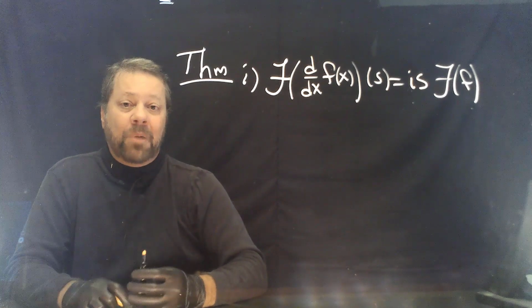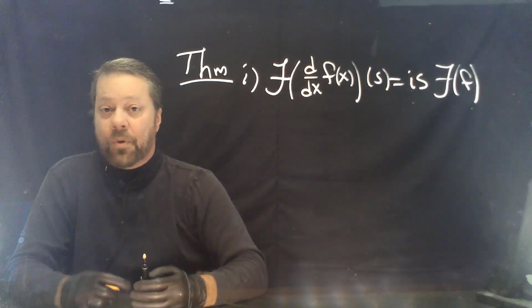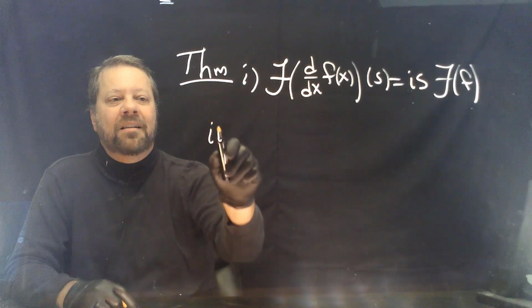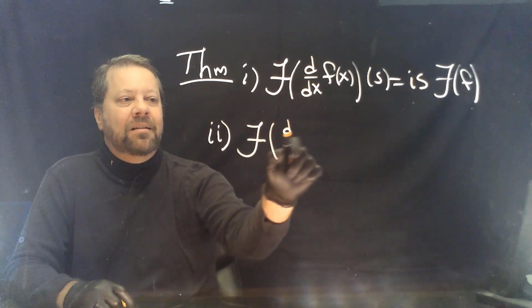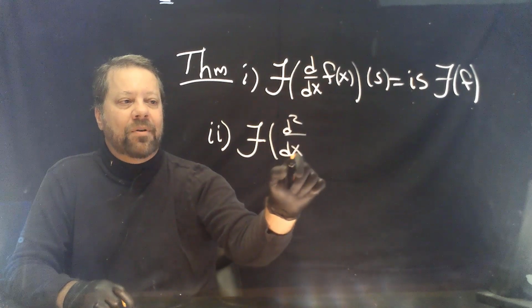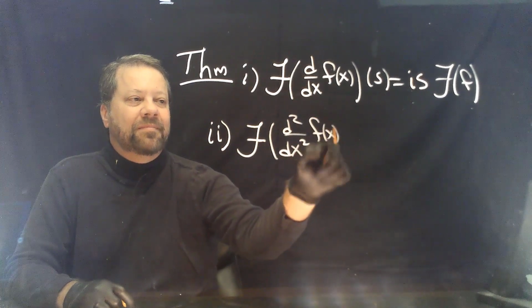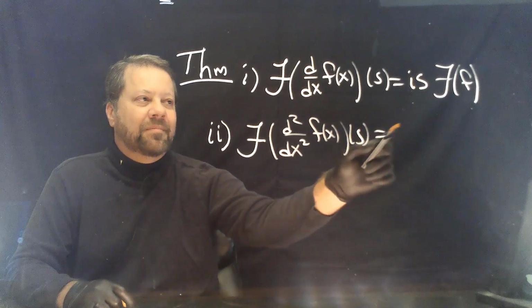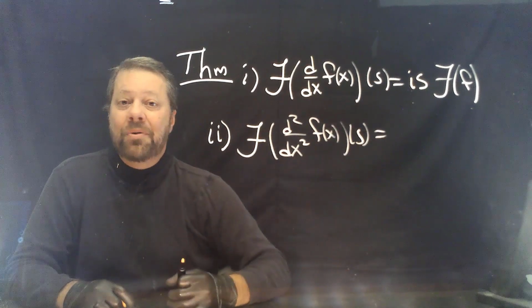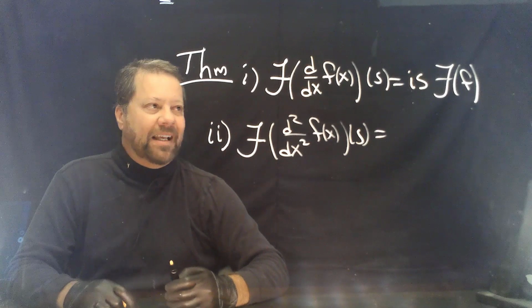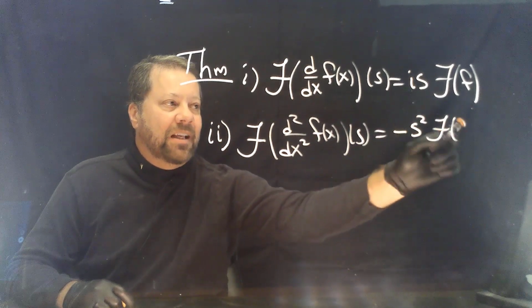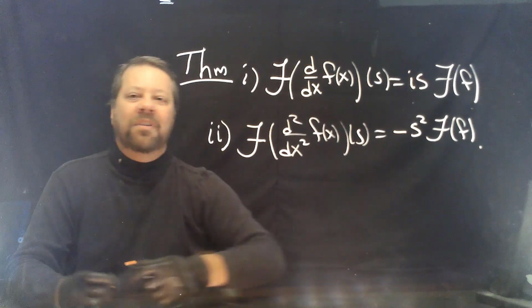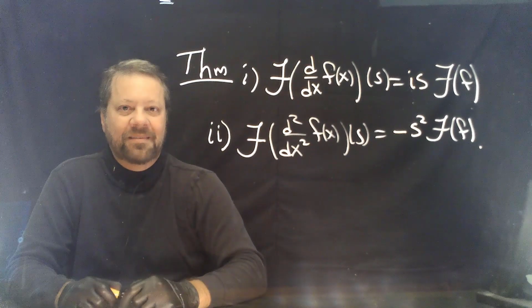A lot of our partial differential equations involve second-order derivatives, so it's only natural to wonder what this does to second-order derivatives. Well, you get two factors of is, which gives you negative s squared, times the Fourier transform of the function f.